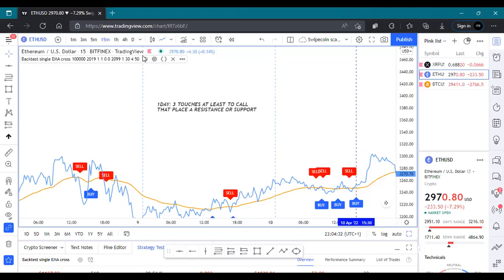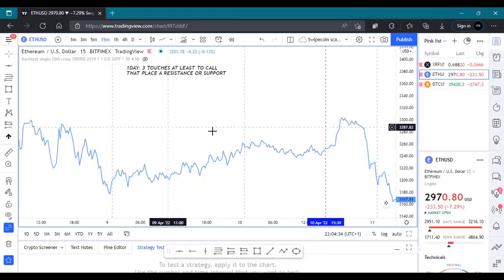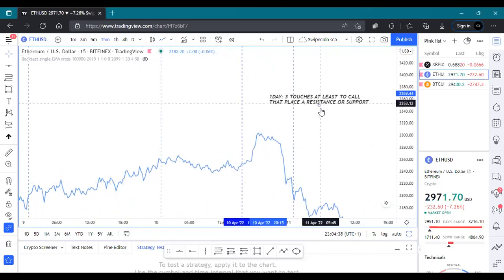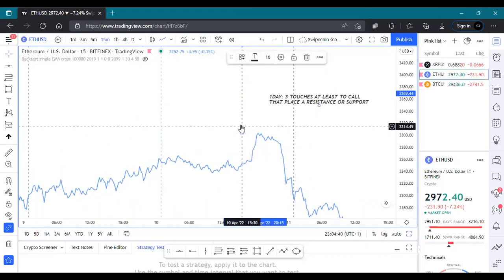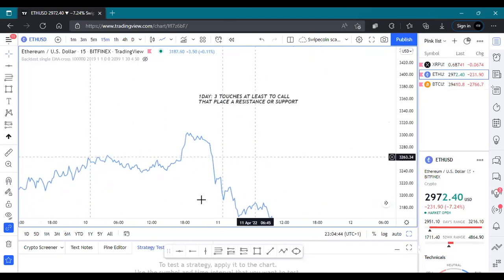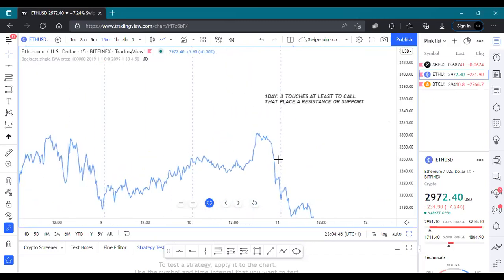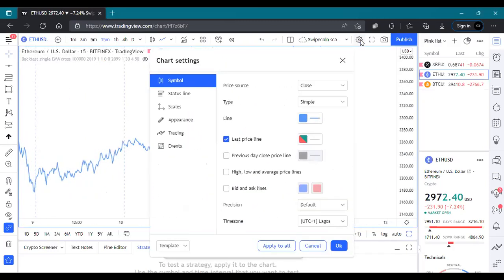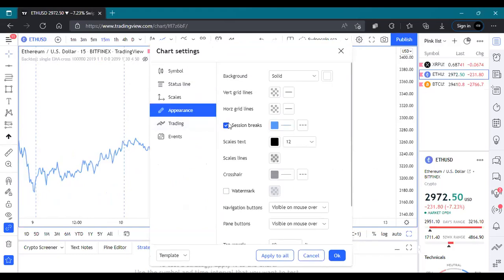Now, let me show you guys what I mean by that, right? One thing I'll need you guys to do as well: on your TradingView, make sure session breaks are turned on. Let me show you what session break is. If you come to settings, come to appearance, you're going to see session breaks.